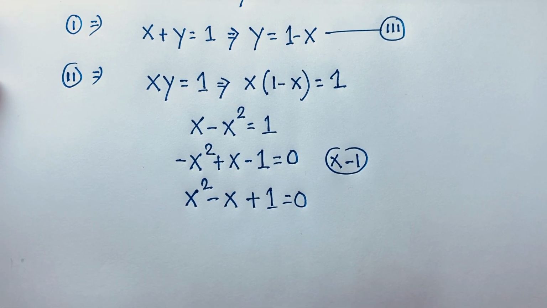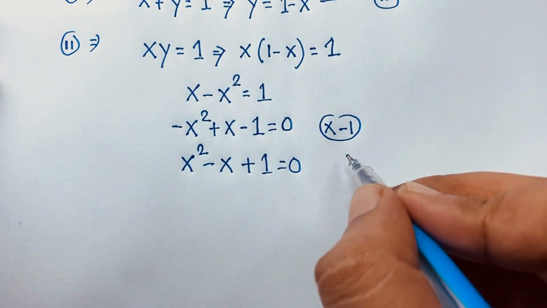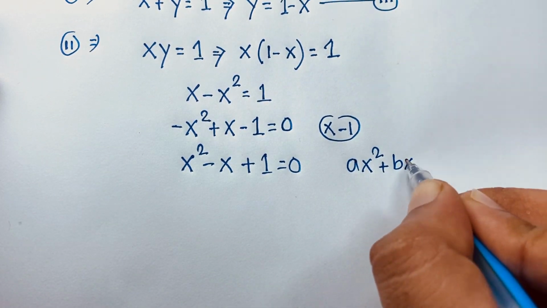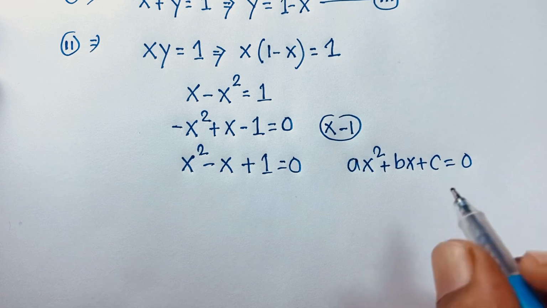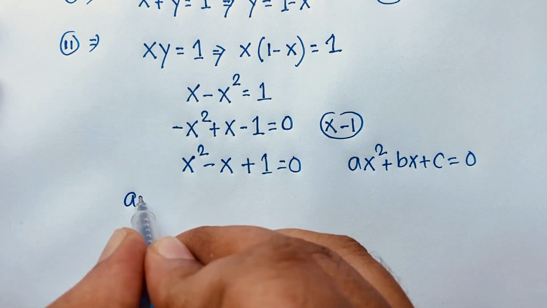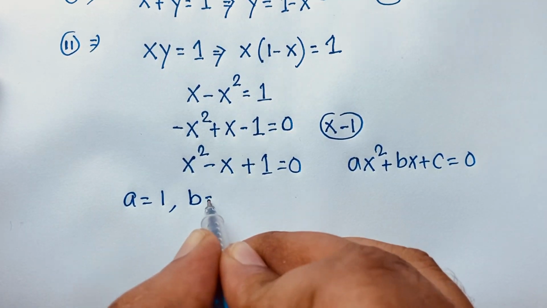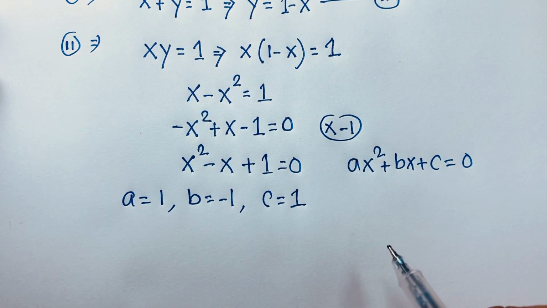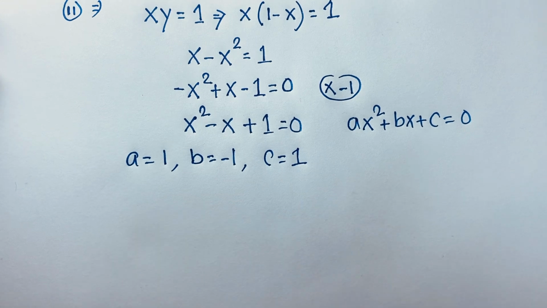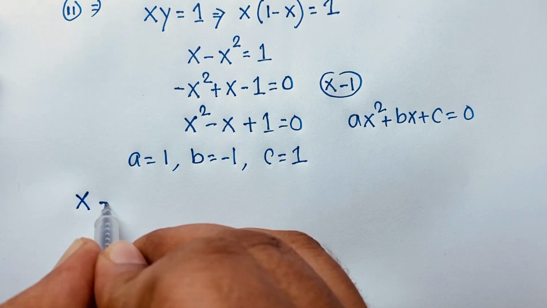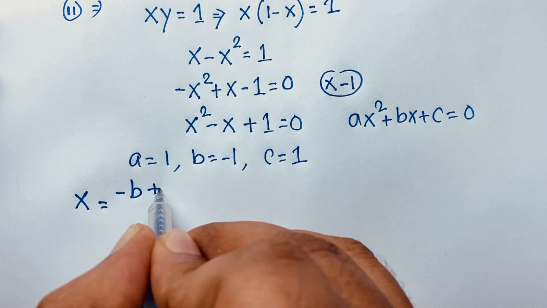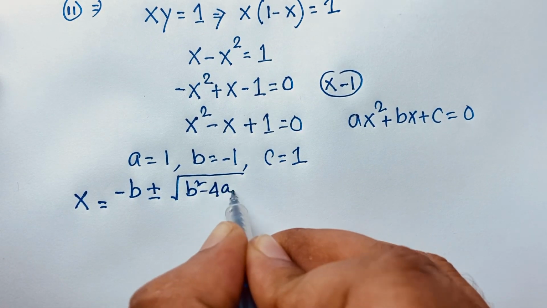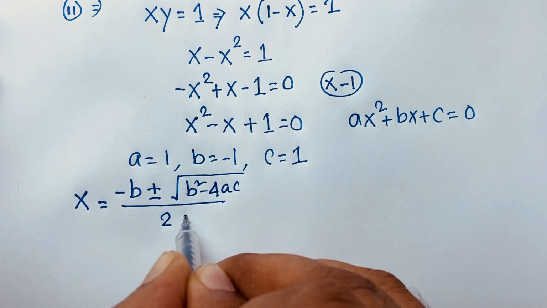Now we'll find out a nice quadratic equation. At this moment, if I compare this equation with ax squared plus bx plus c, then you can see here a is equal to 1 and b is equal to negative 1 and c is equal to positive 1. Now here x is equal to, you know this formula, minus b plus minus square root b square minus 4ac over 2a.